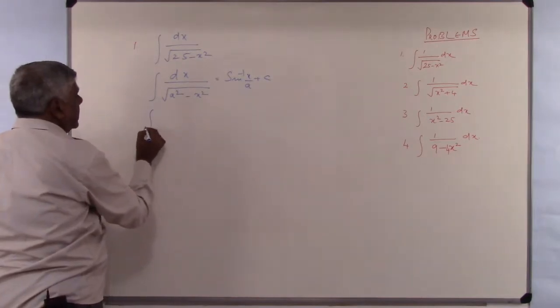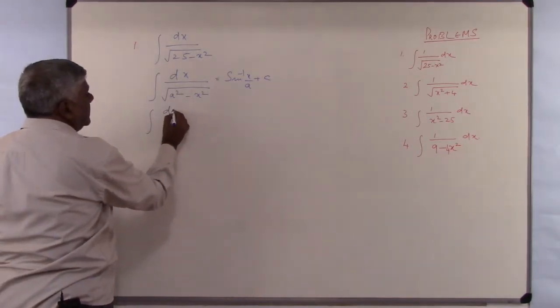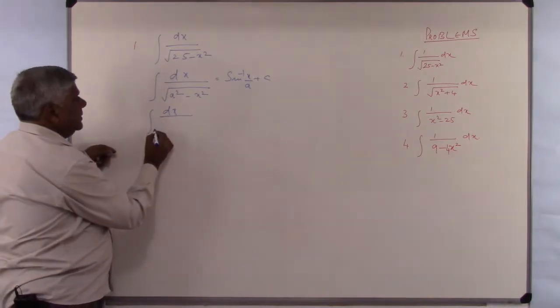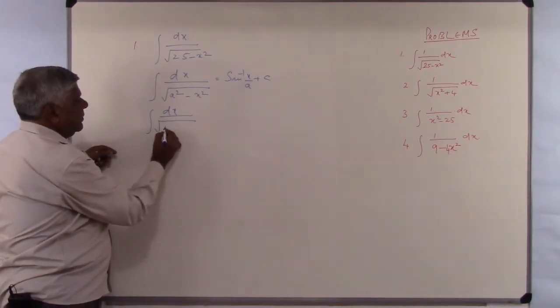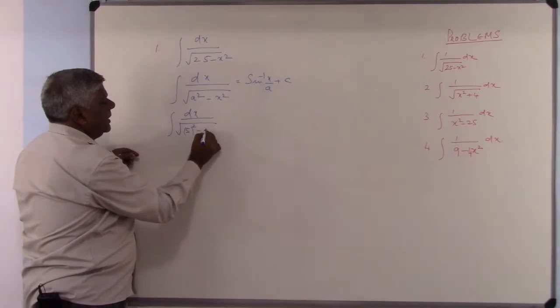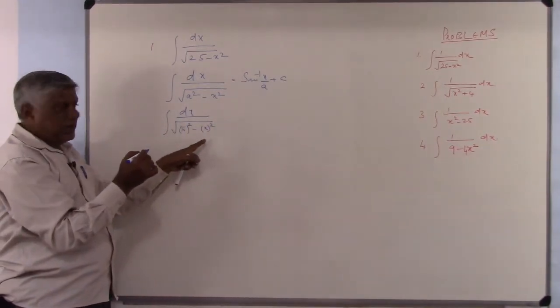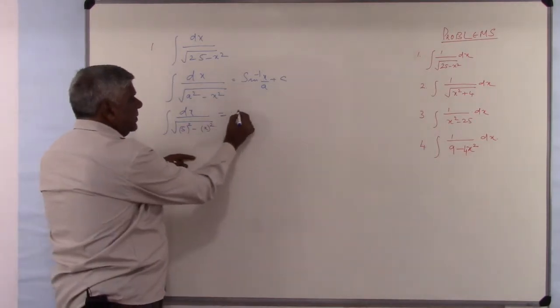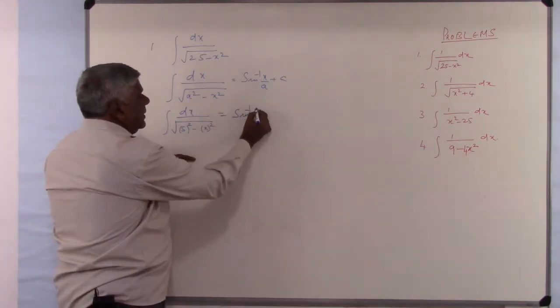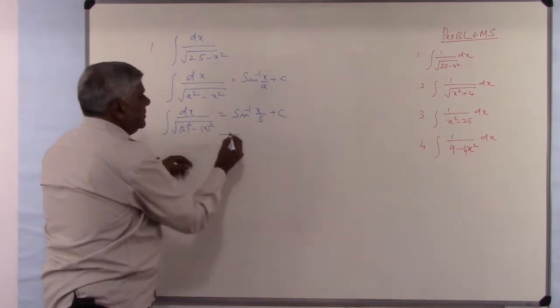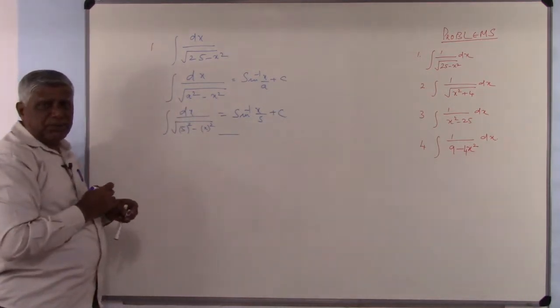The given problem can be written like this: root of 5 whole square minus x whole square. Is it not in the form a square minus x square, which is equal to sine inverse x by 5 plus c? This is the answer for the first problem.